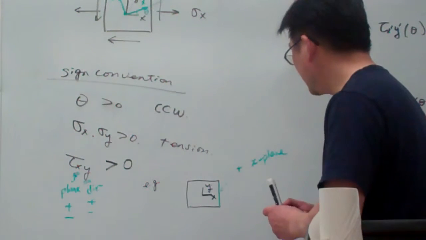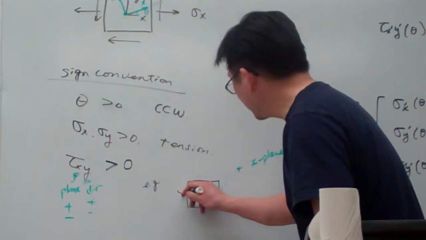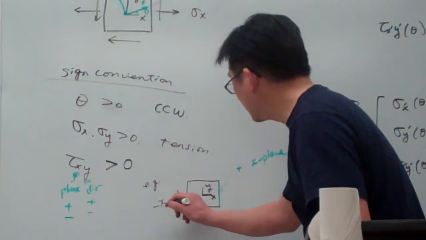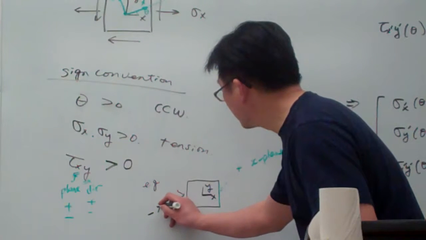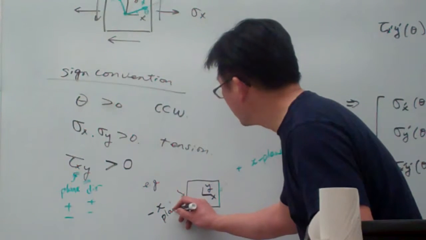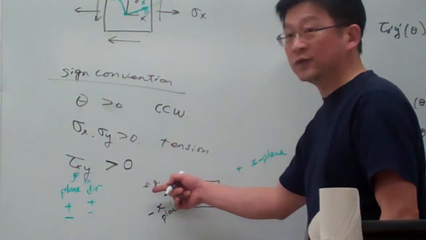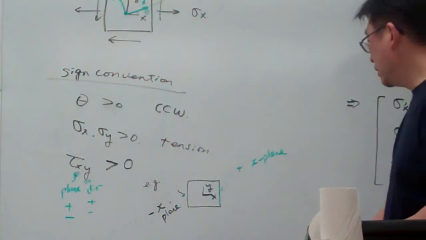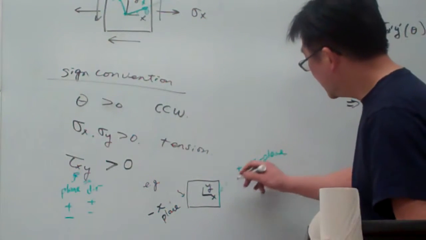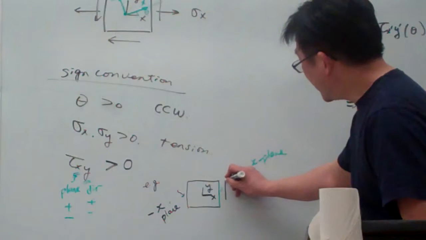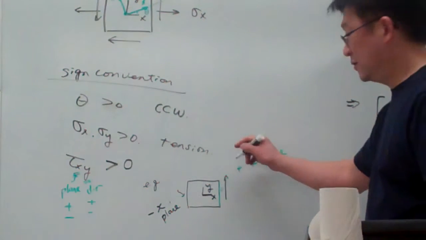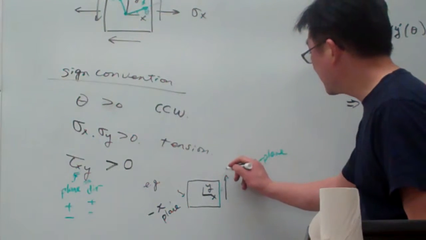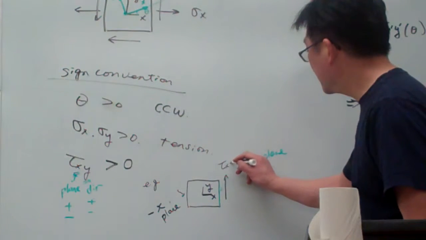This one is called the negative x-plane, because it points in the negative x direction. In the positive x-plane, this one pointing in the positive y direction means this tau is positive.